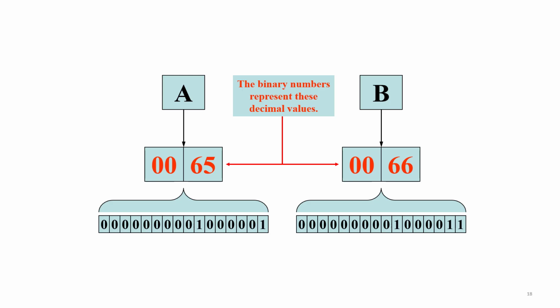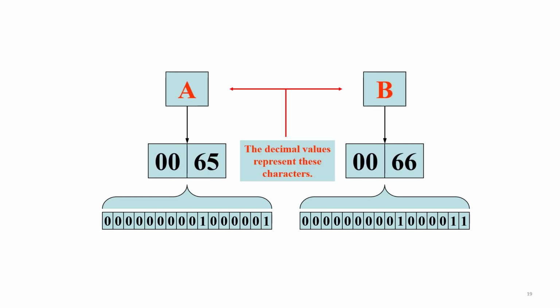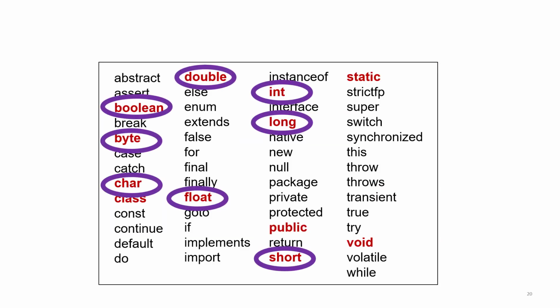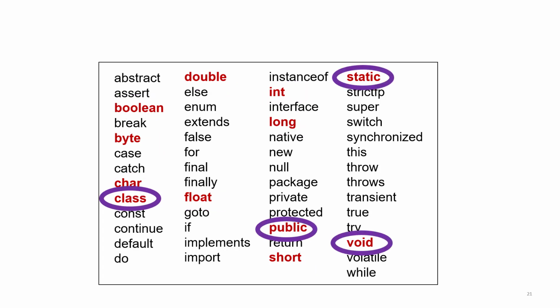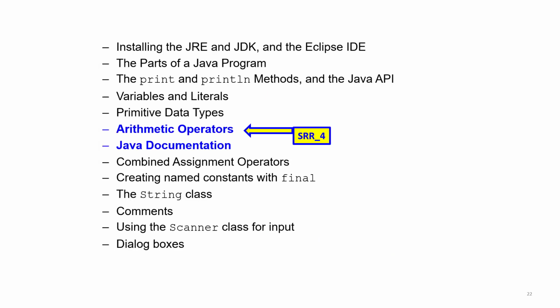Those binary numbers represent the decimal values 65 and 66 respectively, which Java will print as the characters capital A, capital B. So that should complete the discussion of the 8 primitive data types from lecture 3. And previously we covered the 4 structural reserved words, class, public, static, and void, in lecture 1.